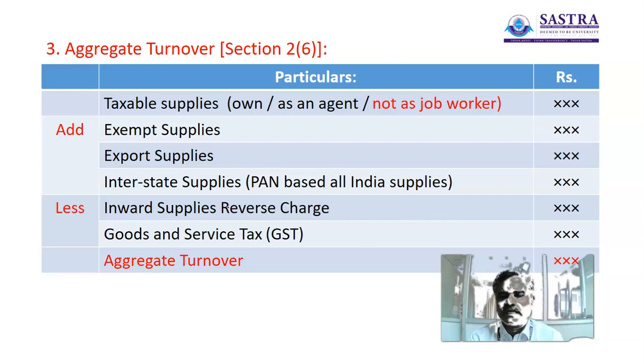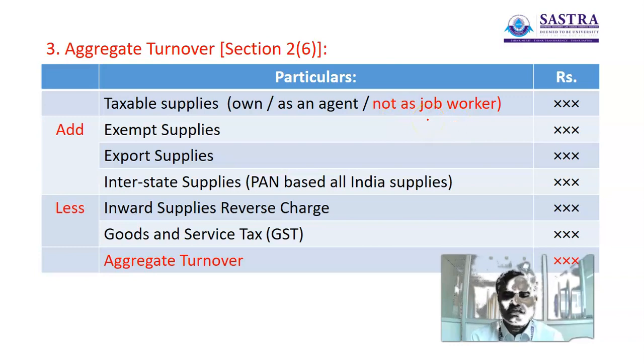Aggregate turnover. This is very, very important because we are going to use this factor to calculate the overall total value of supply as well as to claim ITC. Taxable supplies, own or by an agent, not a job worker.